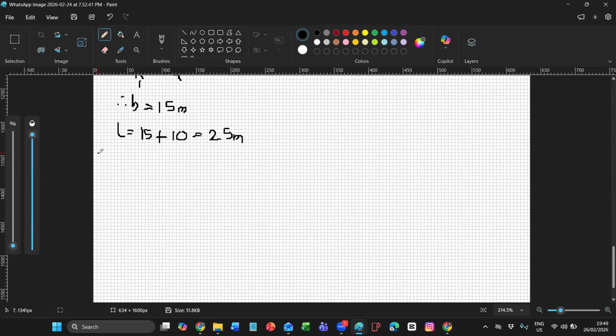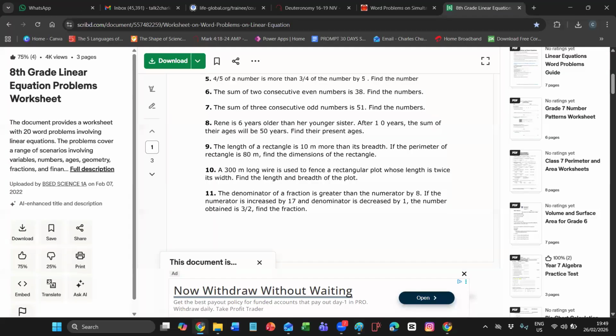Okay. All right. Number 10. Now, number 10 looks very similar to number 9. In fact, I think that was why at first it was looking a bit confusing, until I looked at number 9 very well, that we are not solving number 10 yet. It says a 300-meter long wire is used to fence a rectangular plot of land whose length is twice its width.